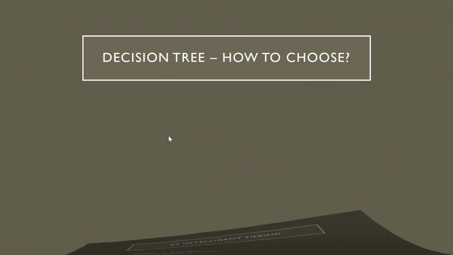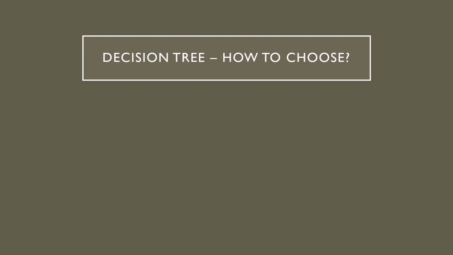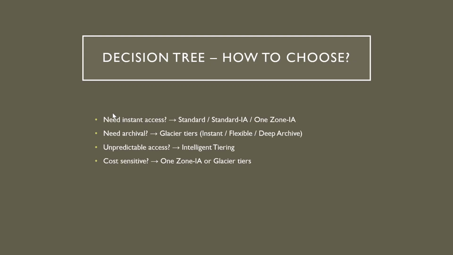Now the question comes, how to choose the right storage class? We have to choose the right storage class for cost. If we need instant millisecond access, we go to S3 Standard. S3 Standard IA is for rarely used data. If we need S3 One Zone, it's when availability zone failure is okay.